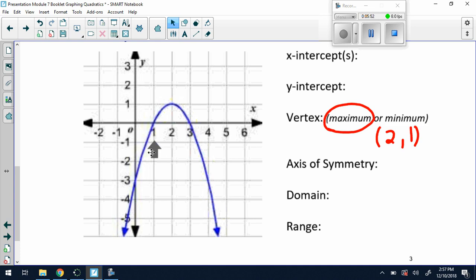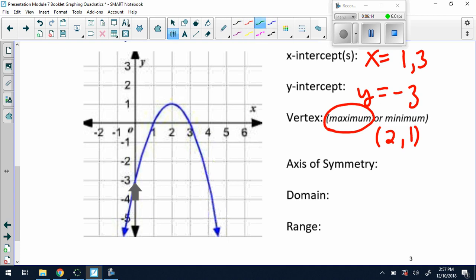My x-intercepts are here and here. The x-coordinates at those points are 1 and 3. And my y-intercept is right there at -3. I didn't mean to make my y-intercept the same on both of them, but it really doesn't matter.